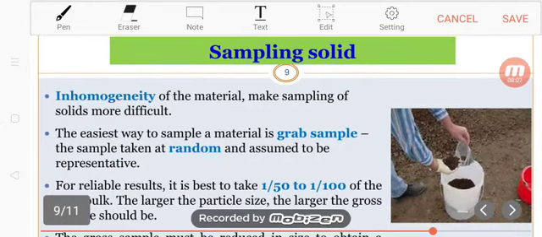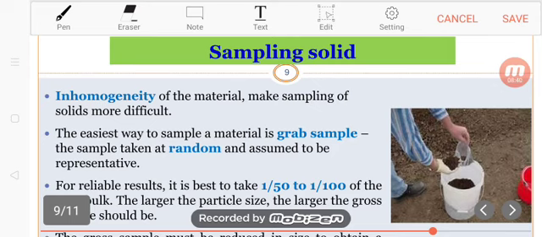Okay, now we proceed to sampling solids. The main problem for sampling of solid samples is the inhomogeneity of the material. For example, if you want a sample of Port Dickson sea sand, there are many materials and sizes in the sample, such as tiny stones, sand, shells, and others.